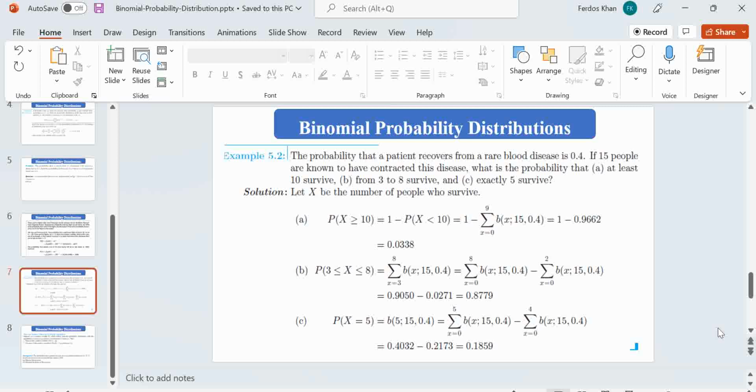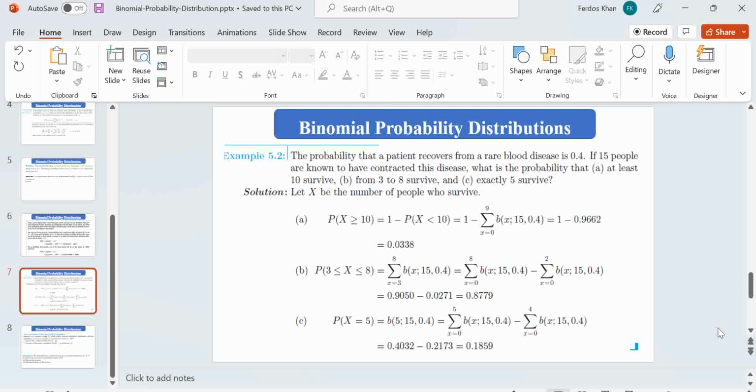So the probability of success, P, is equal to 0.4 and Q is equal to 0.6. If 15 people are known to have contracted this disease, this means that the total number of trials here is 15, so N is equal to 15. What is the probability that at least 10 survive?